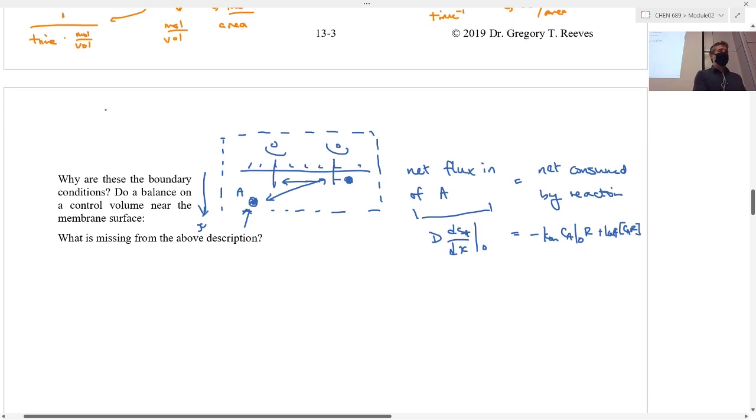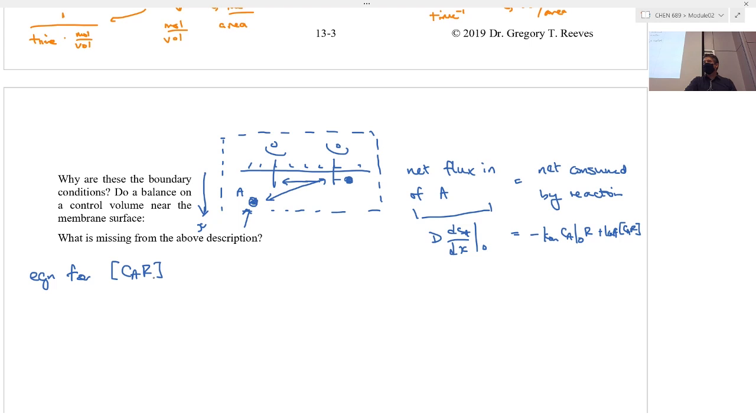Okay, so in all the equations that we just wrote down, what's missing? What's missing is there's no equation for the concentration of CAR complex. I wrote down bulk equations for A and B and boundary conditions for A and B, but what about this CAR concentration? I didn't write that down. And so that's just another balance equation, right?